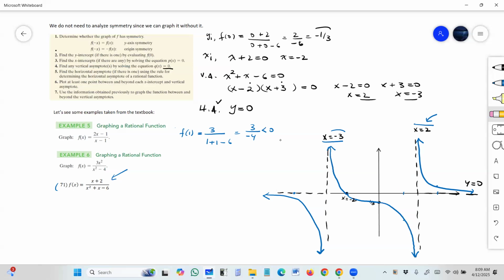On the other side, I didn't need to, because I know that it had to go up, because the y-intercept was smaller and the x-intercept was forcing the function to go up. So this is how you graph these rational functions. All that we need are these points 2, 3, 4, 5, and 6 to graph. We don't need the symmetry. It's not necessary. You can do without, by plotting these additional points as necessary.